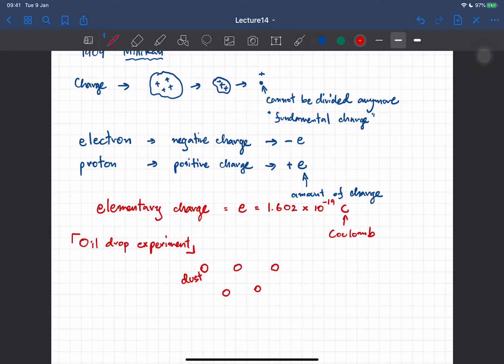For example, it might lose an electron, so it becomes positively charged, or it might gain some electrons, so it becomes negatively charged.